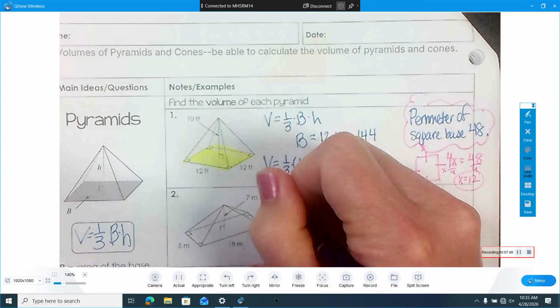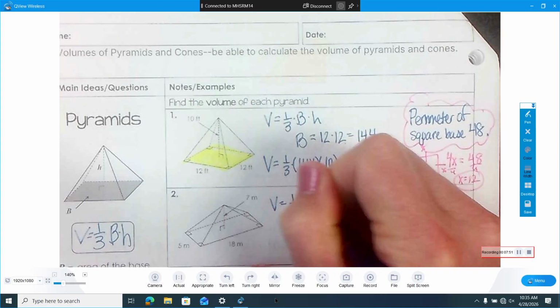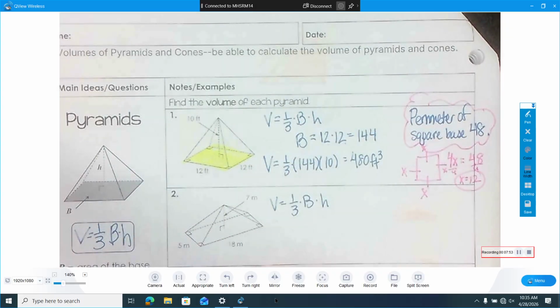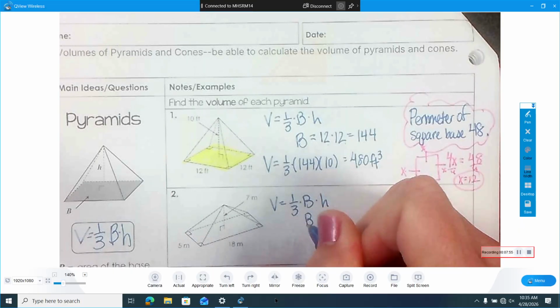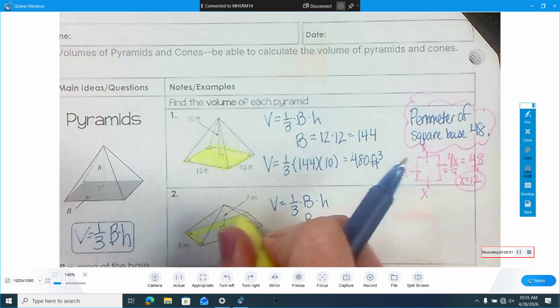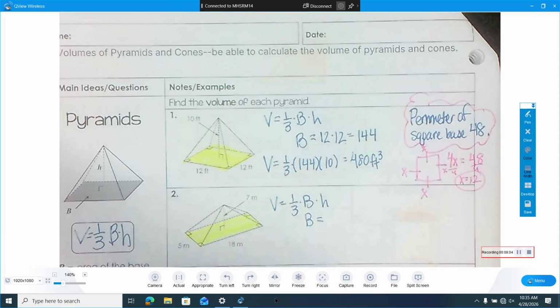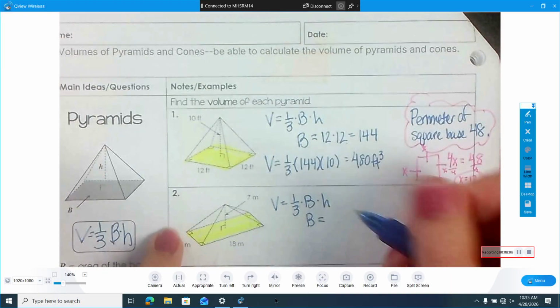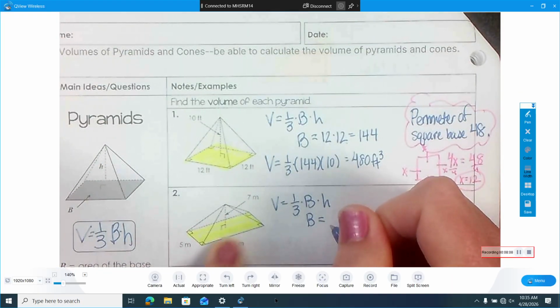Number 2, again, the volume is 1/3 times the area of the base times the height. How do we find the area of our base in number 2? 5 times 18, it's just edge times edge there.